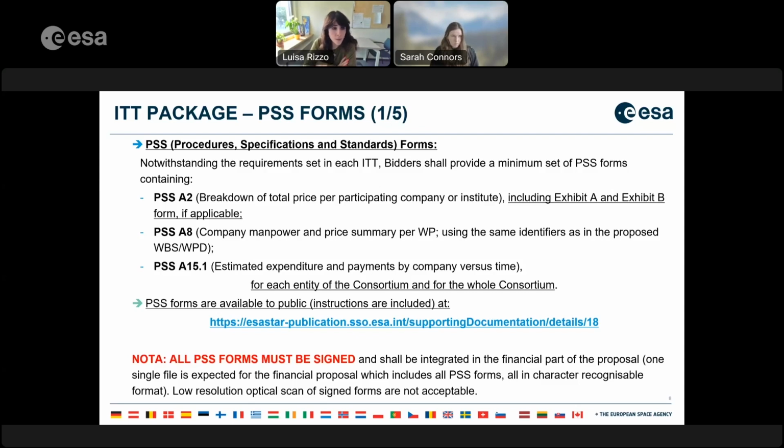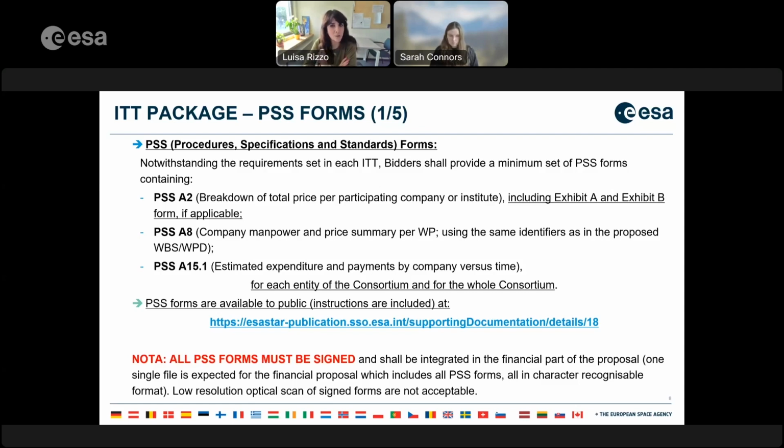The second PSS requested is the PSS A8, referring to the company manpower and price summary per work package, using, of course, the same identifiers and codes as in the proposed WBS and WPD.